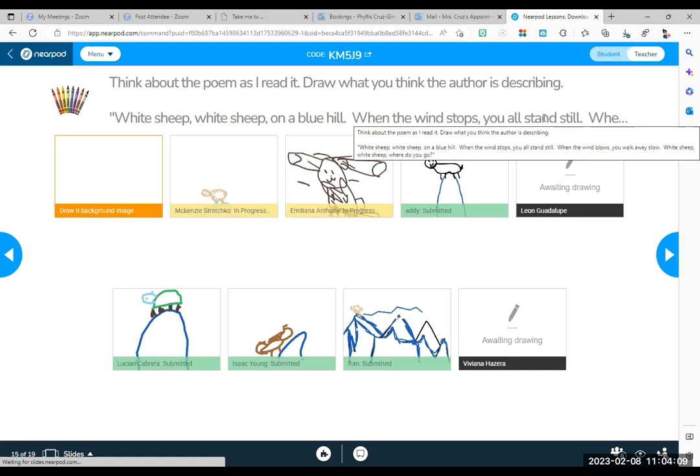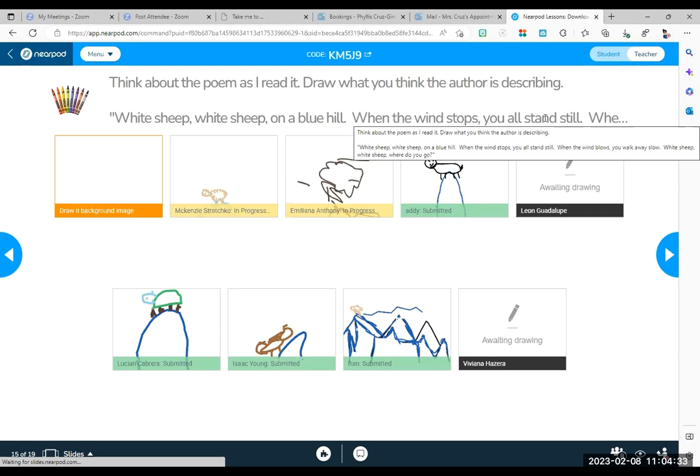Let me see. Addie? If he's not talking about sheep on an actual blue hill, what do you think he might be talking about? He could be talking about clouds. Okay. Why is that? Was there a clue there? Something about wind? Yes.